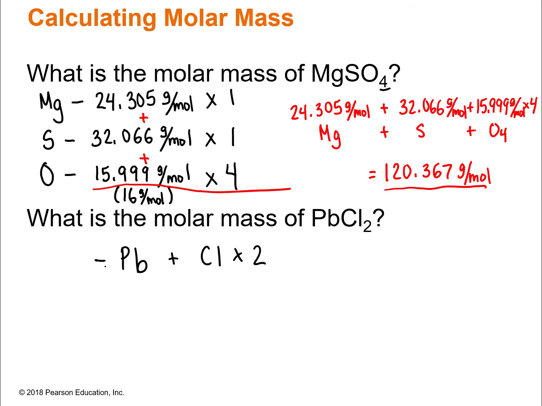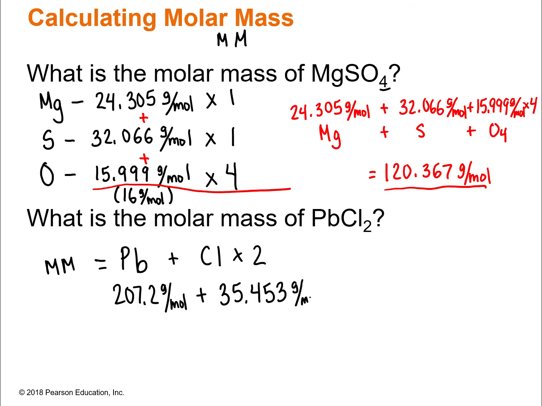To figure out our molar mass, which I abbreviate MM, we're going to need lead, which is 207.2. And then we're going to have to take what we see on the periodic table for chlorine and multiply it by 2 because we have 2 chlorine atoms.